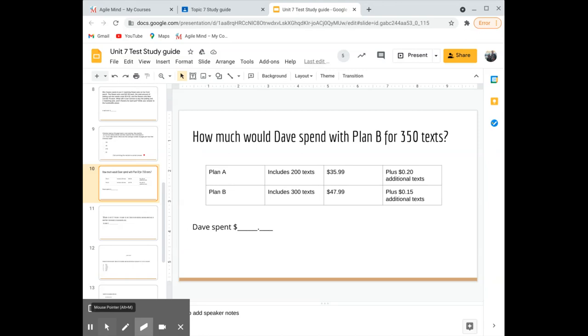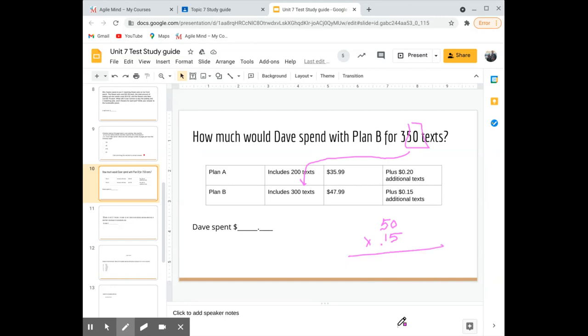Plan B includes 300 texts for $47.99 plus 15 cents for each additional text. So what do I need to do with the 15 and this 50 that is over that 300? Multiply. Correct. So I'm going to take 50 and I'm going to multiply it by 15.